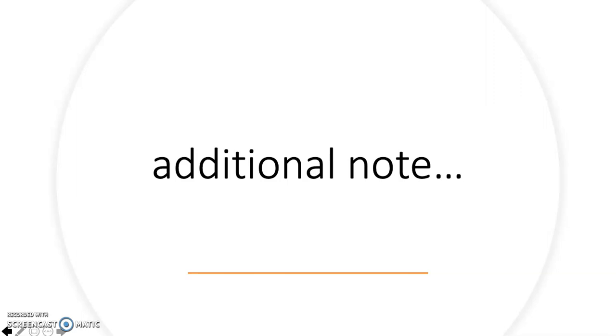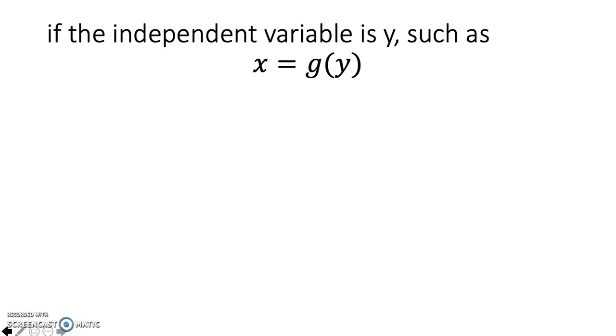Now I want to add some additional notes. In our previous example, we saw that the function was f(x), where the domain is located on the x-axis, and the y-axis contained the range. Now what if we want to see the effect of change if the function is reversed, where y becomes the independent variable, so x is a function of y?